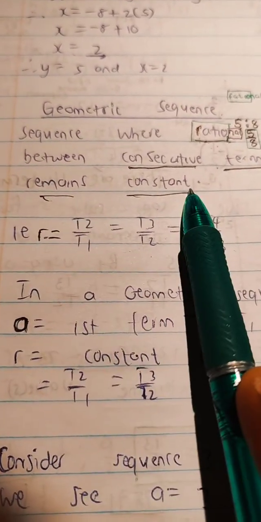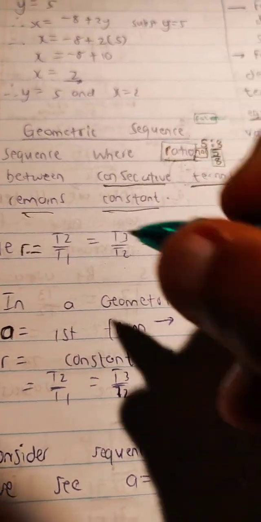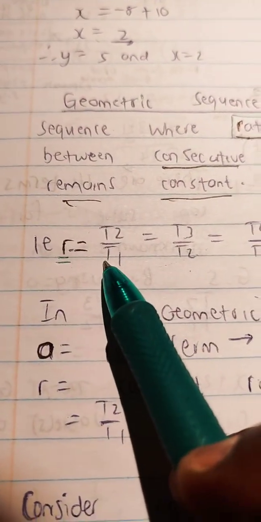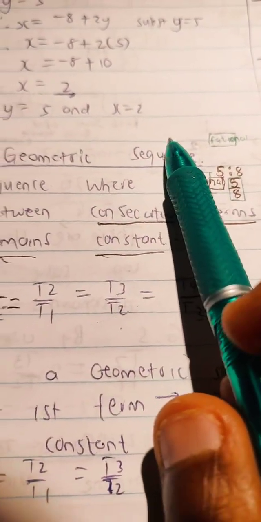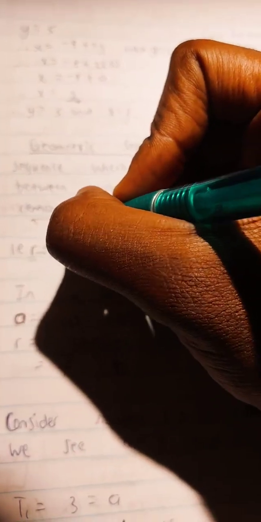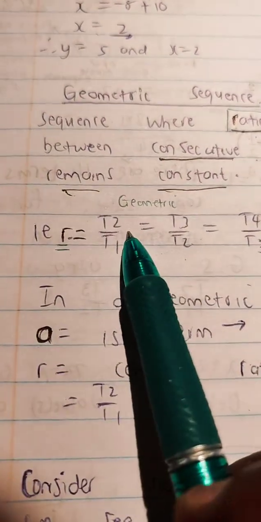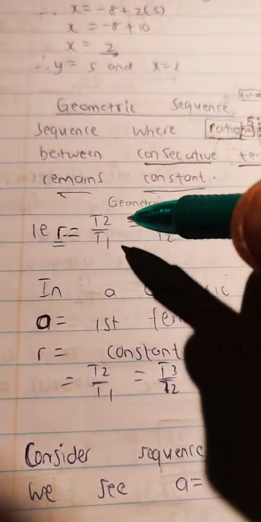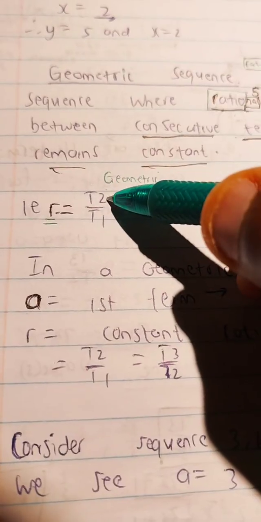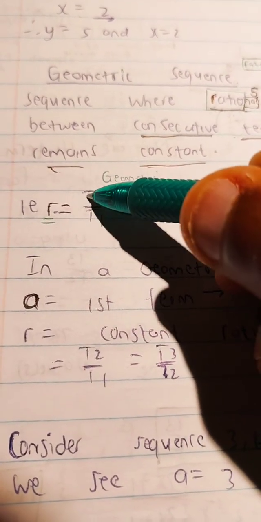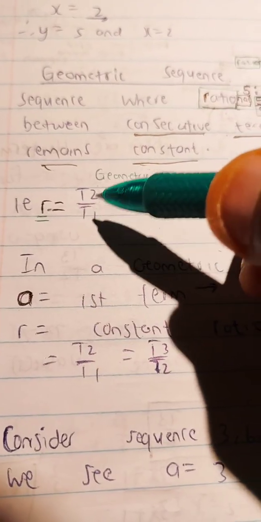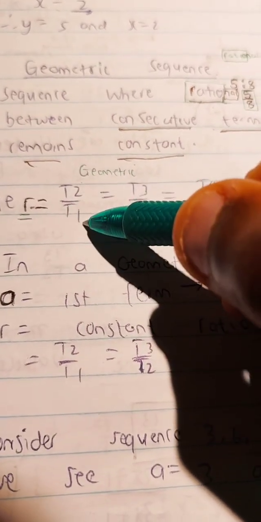It is constant. So grade 12s, when we are calculating the ratio of a geometric sequence, the minute you are told that a sequence is geometric, it means that you can take the second term, T2. By T2 we mean term 2. By T1 we mean term 1.